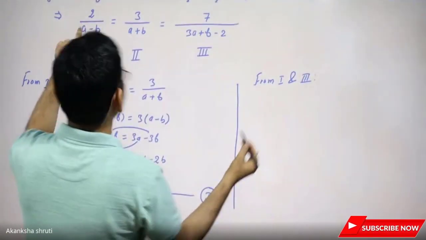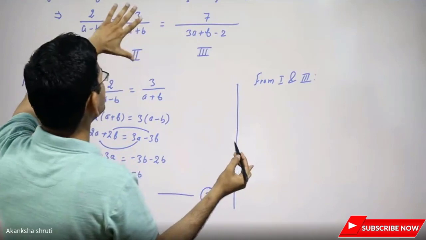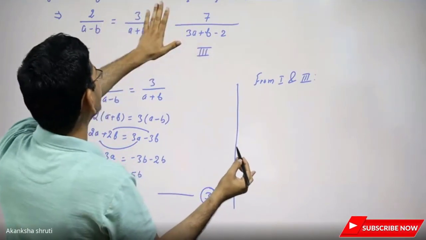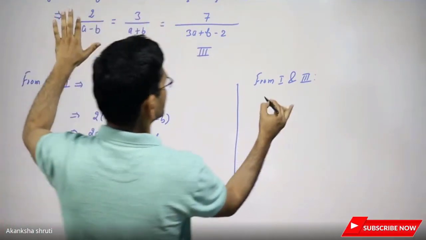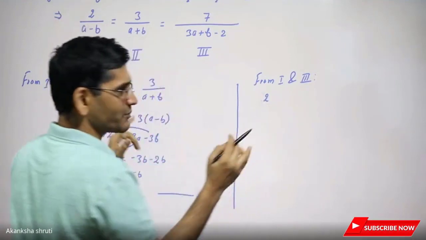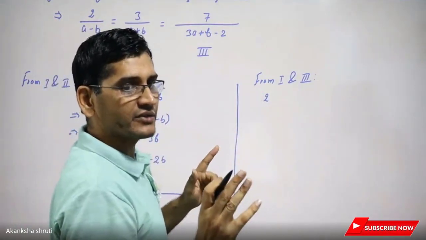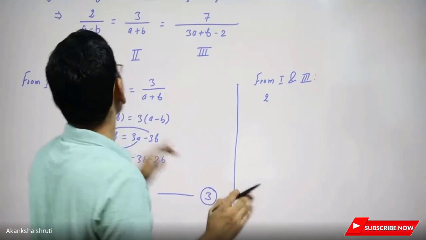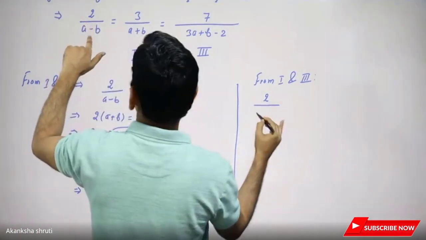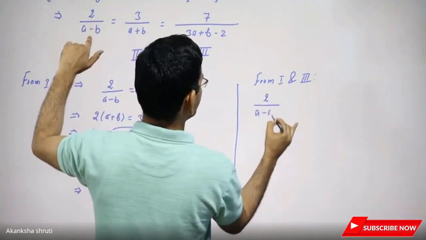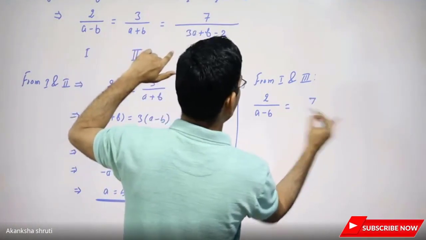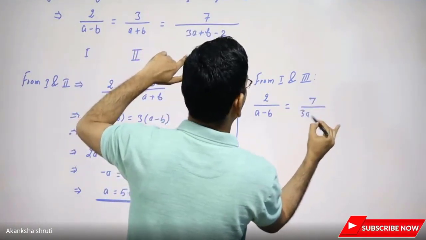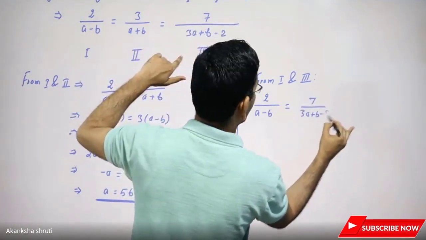Student, you can also use this 2 and 3. That doesn't make any difference. Though at that time you will get a new equation, the values of a and b will remain the same. So let me write a minus b is equal to 7 times of 3a plus b minus 2.